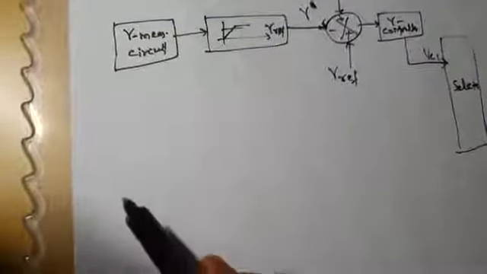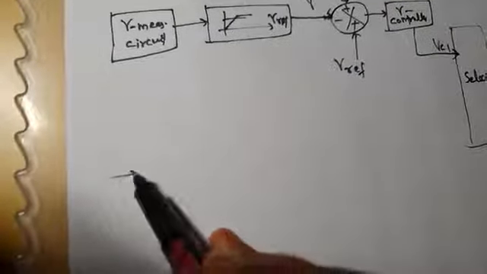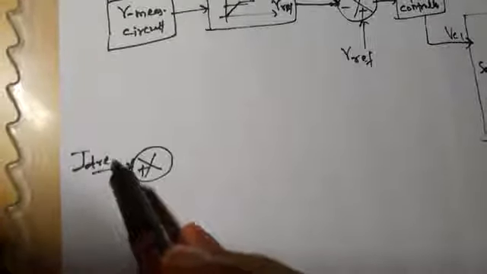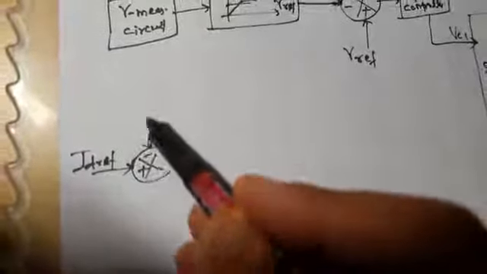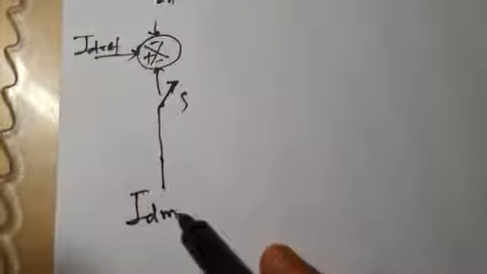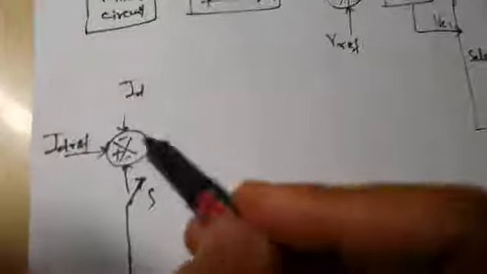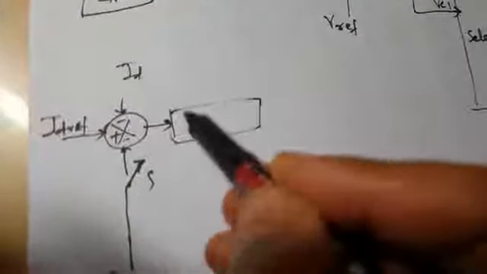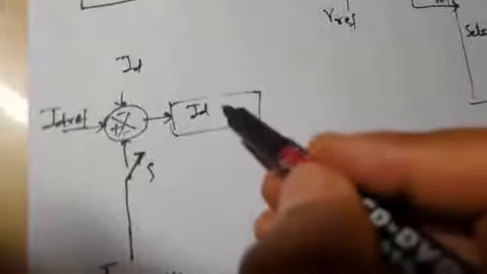So then you have another controller here. This is DC reference current ID ref, and this is actual DC current ID, and on the rectifier side we try to maintain this ID at ID ref, and then this is your switch S. I will write here ID margin, and you have ID controller, DC current controller.